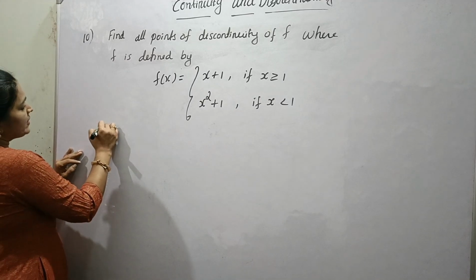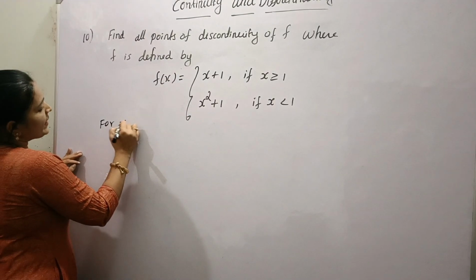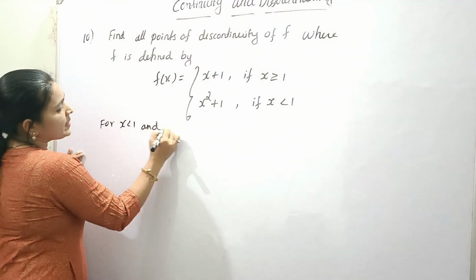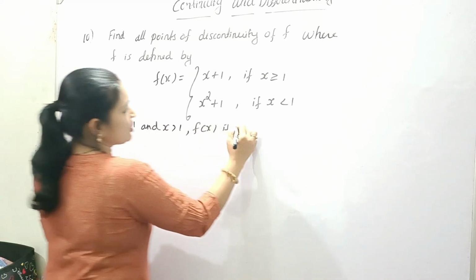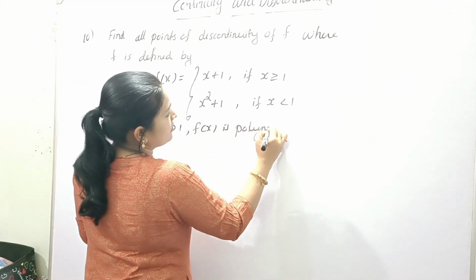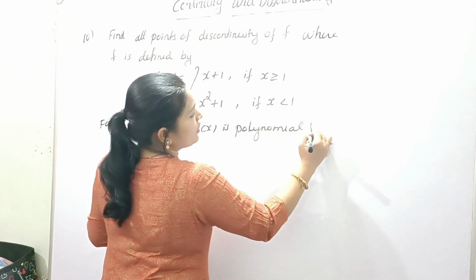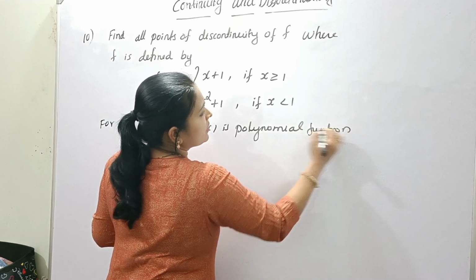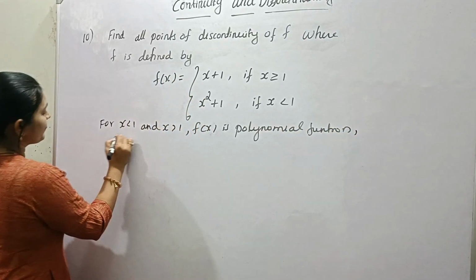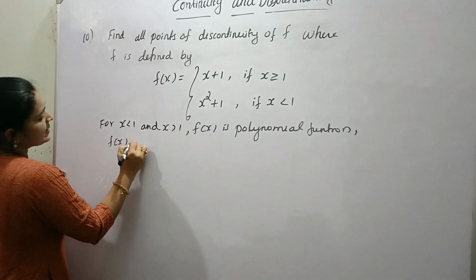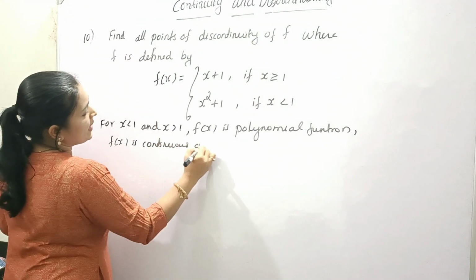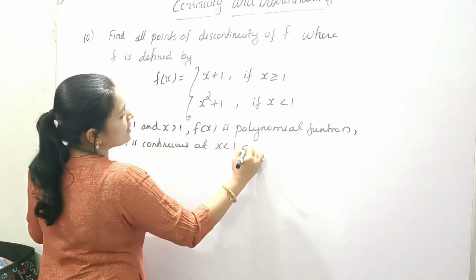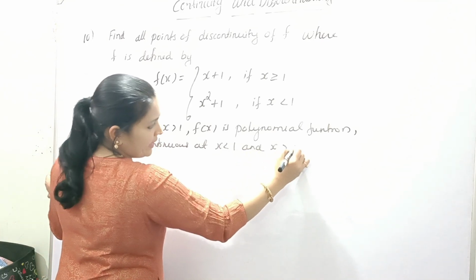So we write for x less than 1 and x greater than 1, f of x is a polynomial function. Therefore f of x is continuous at x less than 1 and x greater than 1.